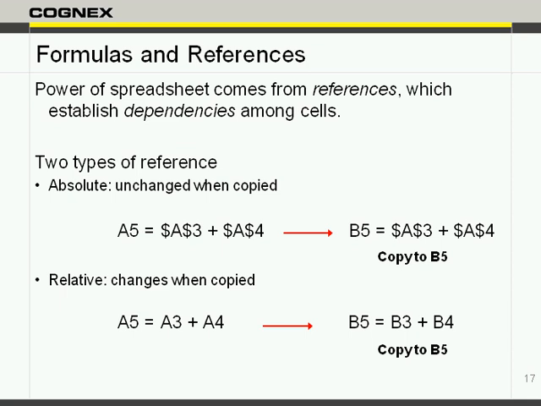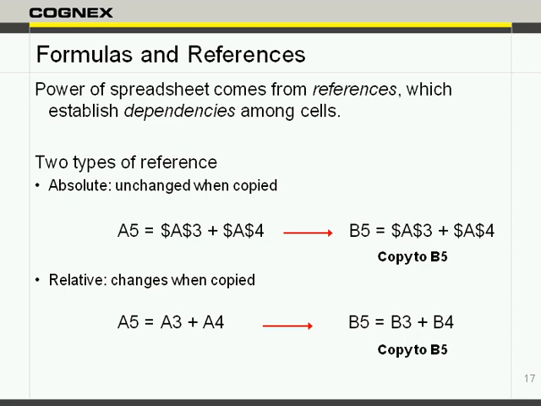Now the logic, a few of the basics. There are two types of references, absolute references and relative references. So for example, under absolute, the example shown here says A5 equals $A$3 plus $A$4. The dollar sign before the column and the row is how you know that that is an absolute reference.